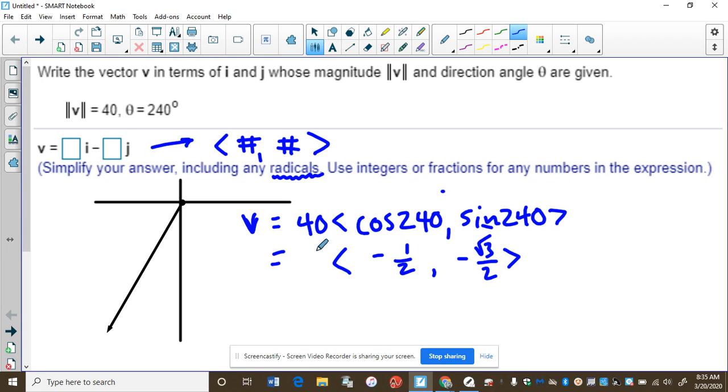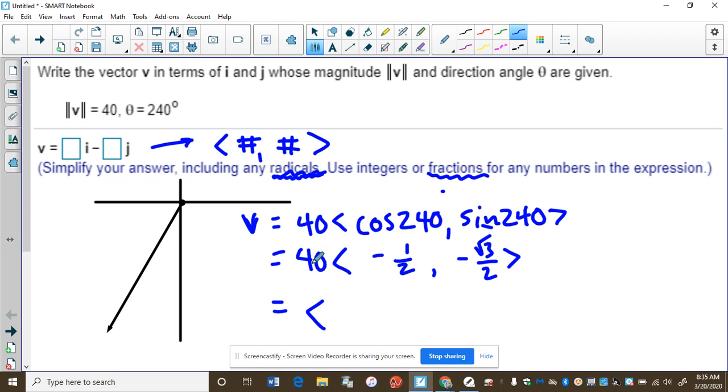So we have this. We still have the 40 here on the outside. These are the values of these two things. So now you're seeing where the fractions are coming in and where the radicals are coming in. Then all we have to do is take this 40 and distribute it into these two quantities. We did talk about scalar multiplication in our notes, where you multiply a number times the components of a vector.